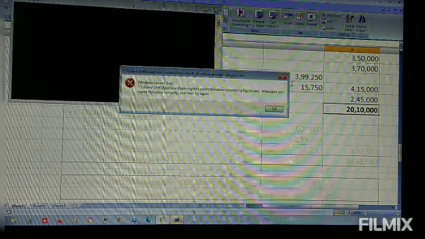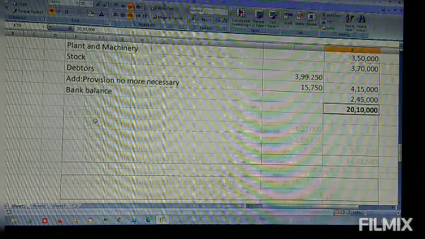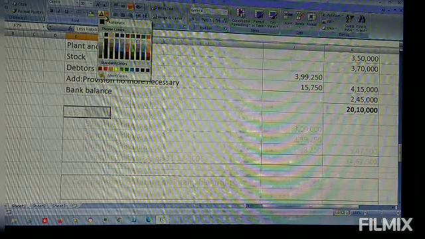From the assets, now let us deduct the liabilities; then we'll get capital employed. Now we'll do less liabilities.